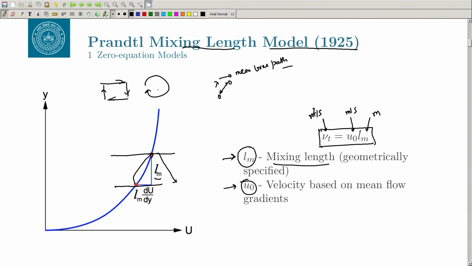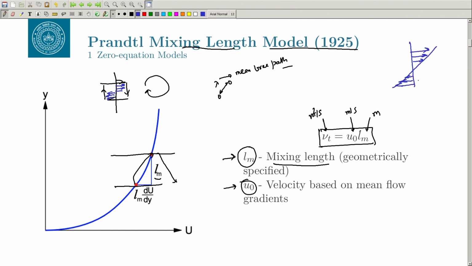If you cut it here, you have something going on the right hand side and something going on the left hand side. So, this is a picture of an eddy.